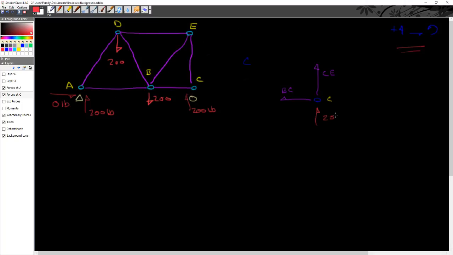I've got 200 pounds pushing up at C. So the sum of the forces in the x direction at C has to equal 0. And the forces in the x direction are simply BC. So what does that mean to me? It means that if the sum is 0 and BC is the only force, then BC has to equal 0. So we know that.